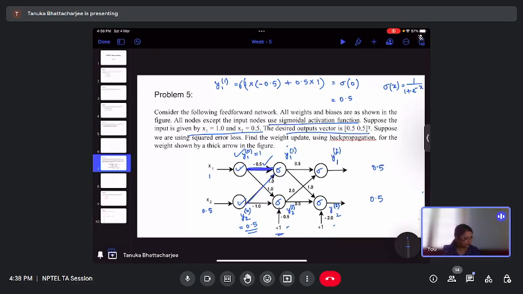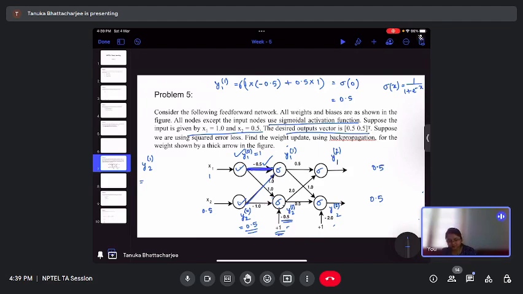Similarly, you can compute y21. Here y10 is connected through 1, y20 is connected through minus 1, and you have a bias term involved, which is minus 0.5 into 1. We can also write all of these as an augmented feature vector and an augmented weight vector. Then this minus 0.5 is taken as the augmented weight, and this plus 1 comes as the augmented feature.